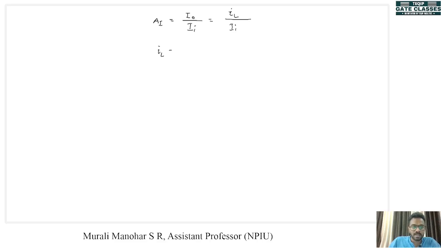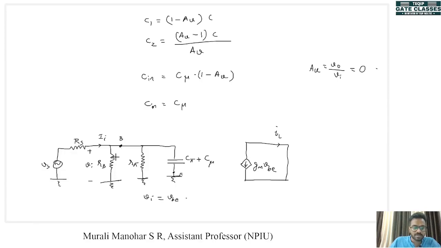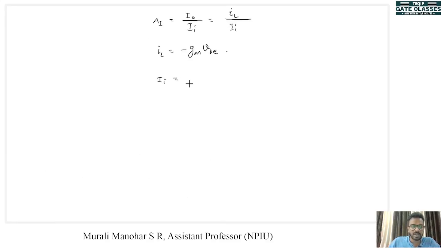Now IL is equal to, when you look at the figure, minus GM VBE, and II can be written as, there are three parallel reactances, one RB, R pi and C pi plus C mu. Let's say the combined admittance is Y in, so II is equal to VBE into Y in.